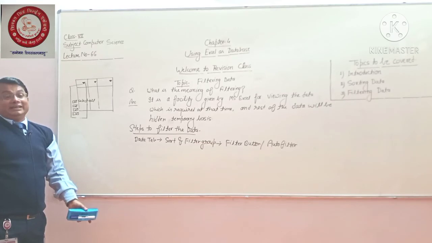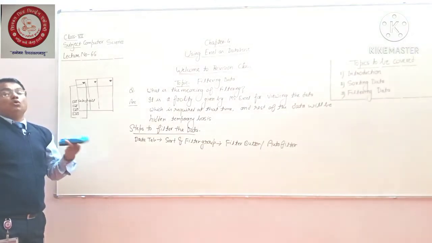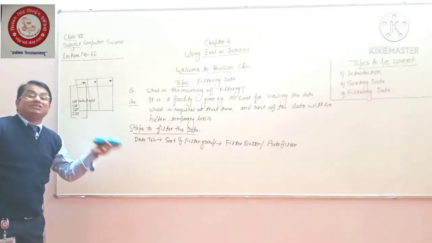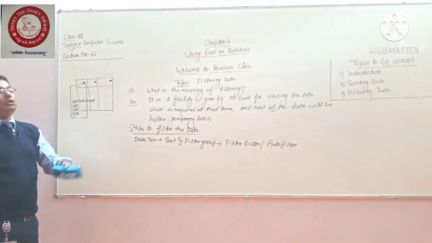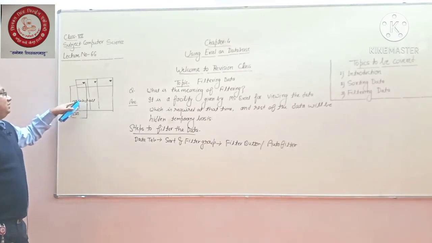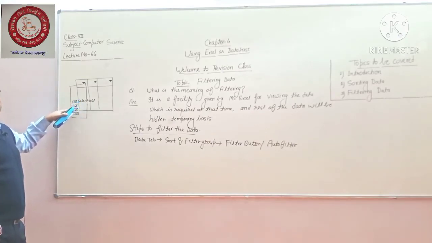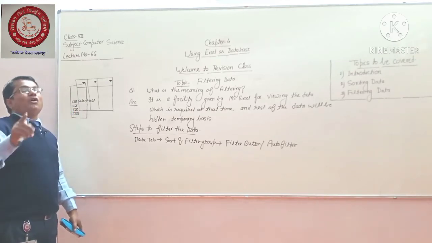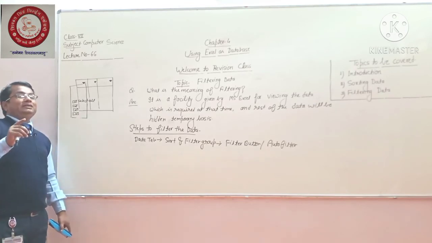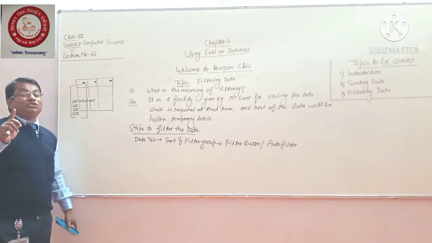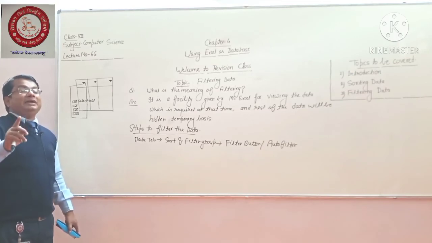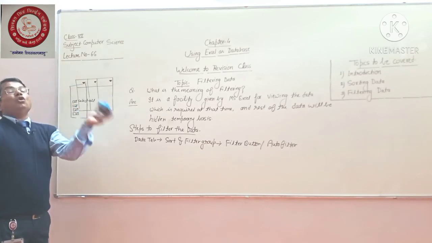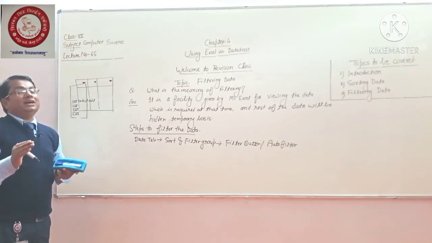Once the whole data is selected and you apply the filter on that Excel sheet, once the checkboxes appear, select only the checkbox which you want to display. The checkbox which is not checked will be temporarily hidden when the data is displayed. So this is the whole process of filtering the data.